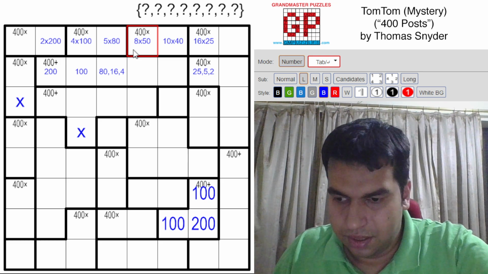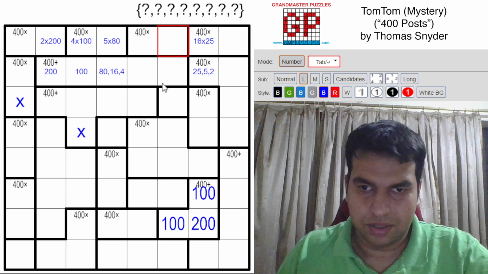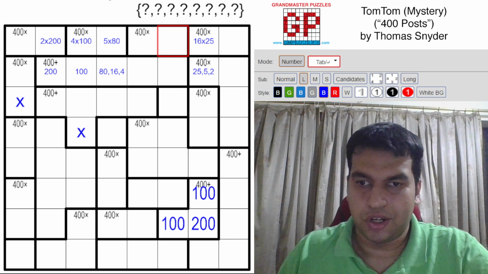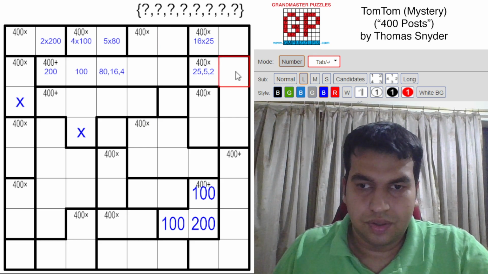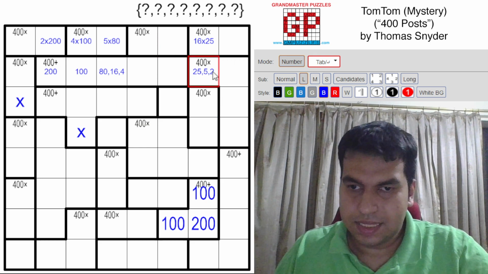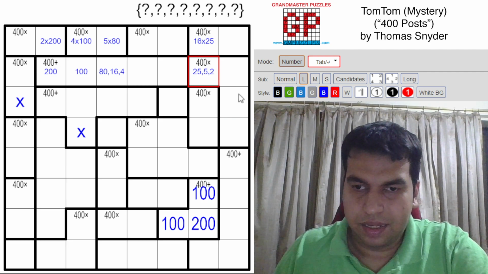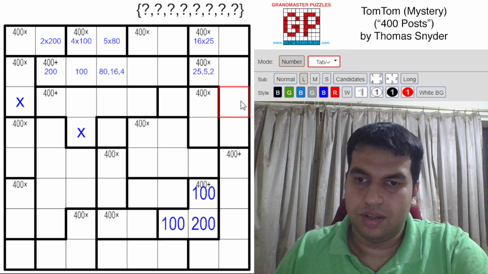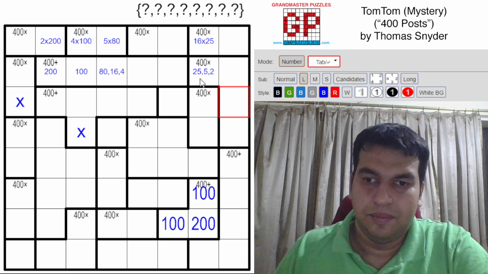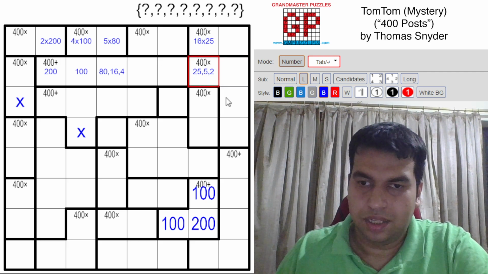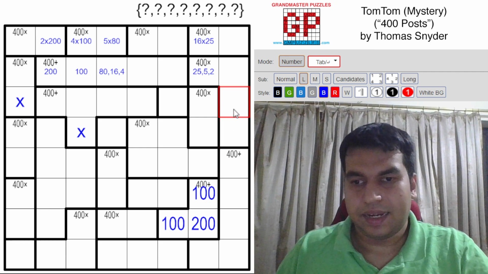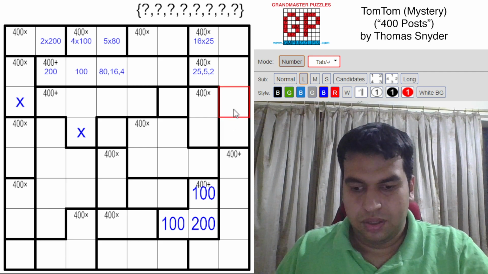Actually, I'll just remove these two to make it clear. So I don't have a way to make 40 with any of this. So what that means is I actually end up with 2 and 25. And that means the remaining two cells have to have a product of 8, because this is 2 into 25, 50. The remaining is 8. That can only be done by 2 into 4.